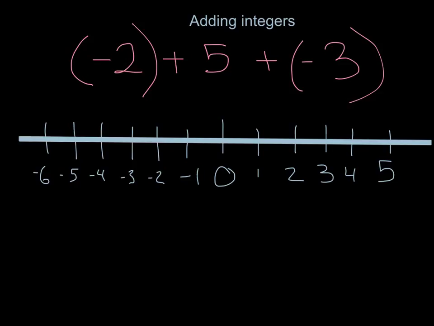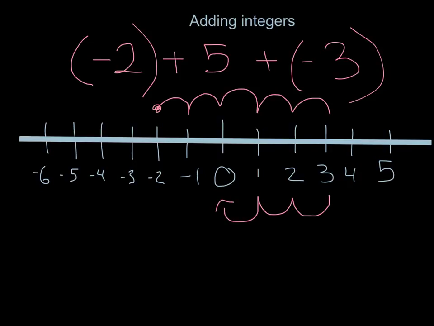So, in this problem, what I'm doing is starting at negative 2. I'm going to add a positive 5 and then take away a 3. So let's move in the positive direction 5. 1, 2, 3, 4, 5. Now I'm at 3. Now I want to move in the negative direction 3. 1, 2, 3. And I find myself back at 0.